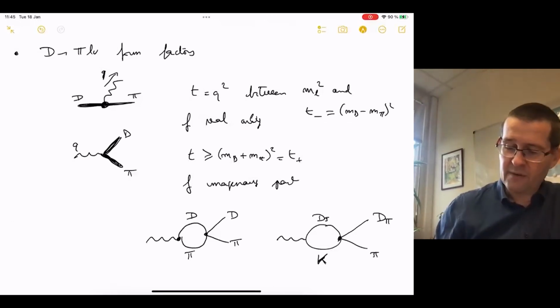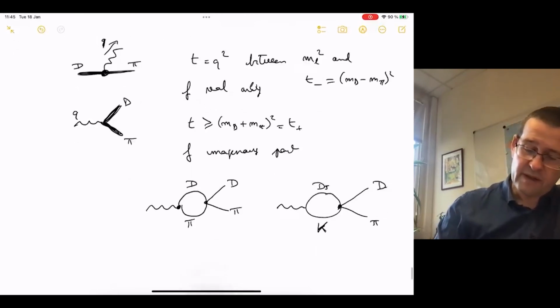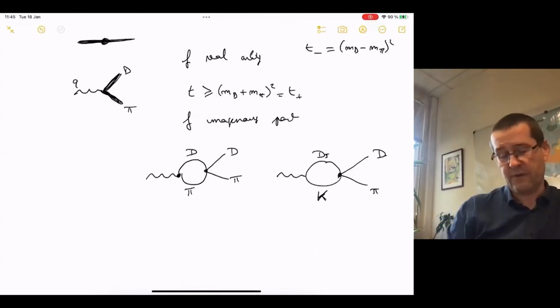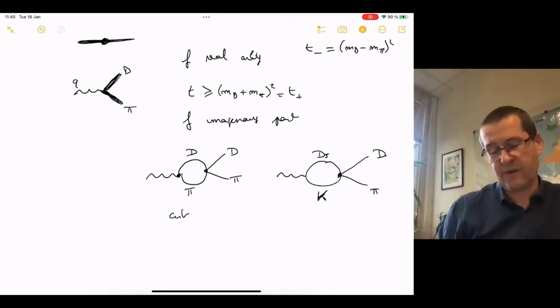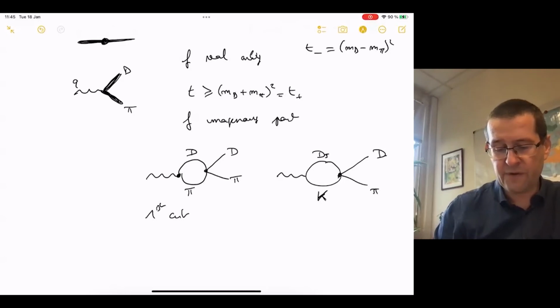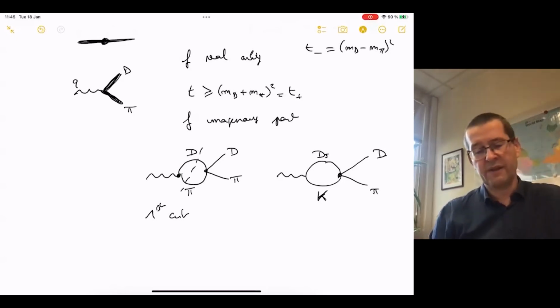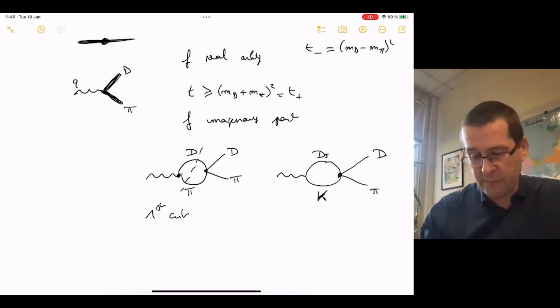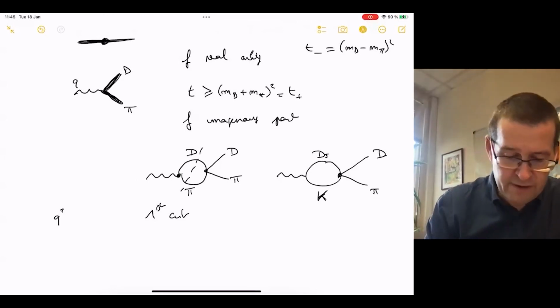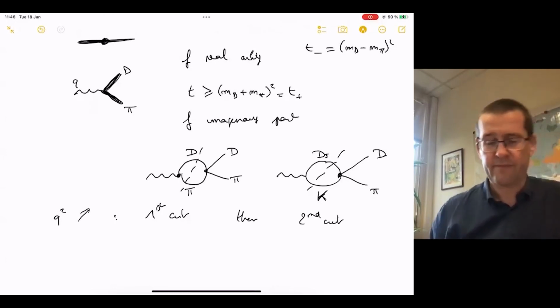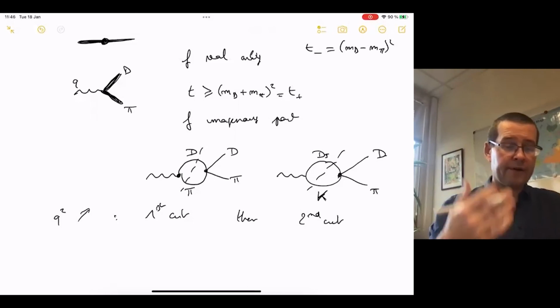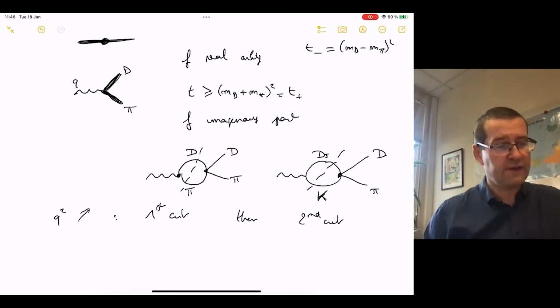And then I will have here an additional cut. So I start having a cut for this first possibility of an intermediate state contributing to the imaginary part, and then when q squared increases, I will have additional cuts coming from higher, more massive intermediate states.